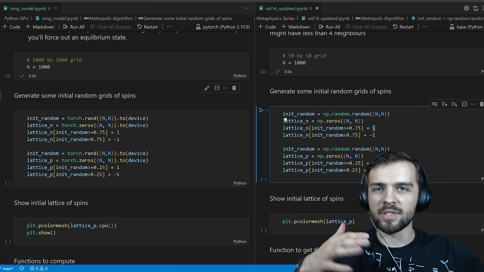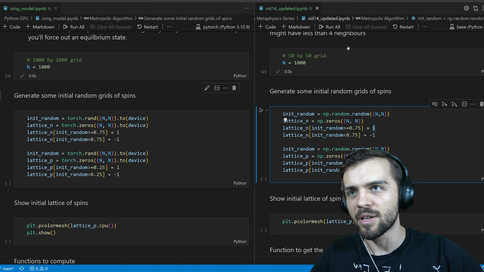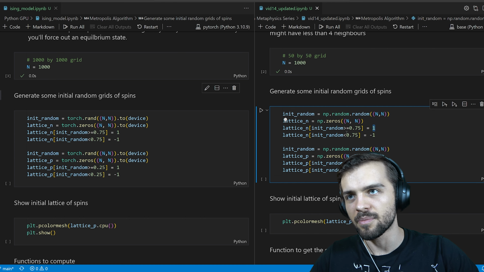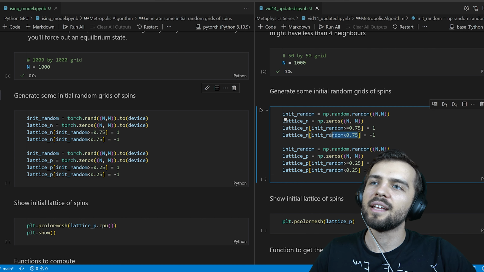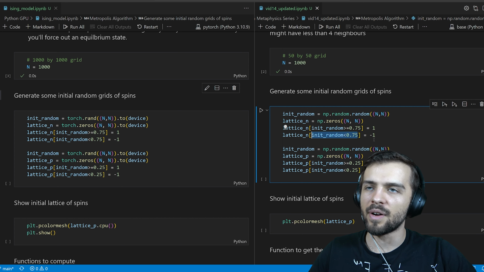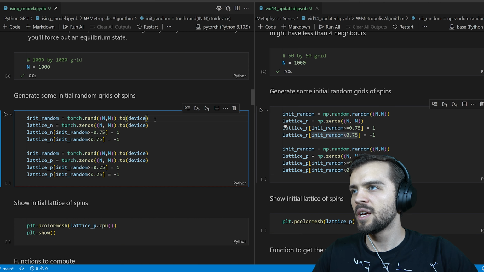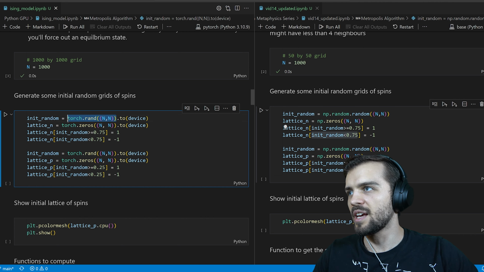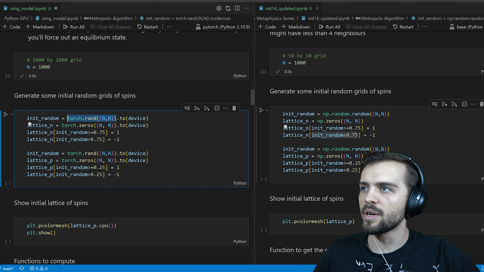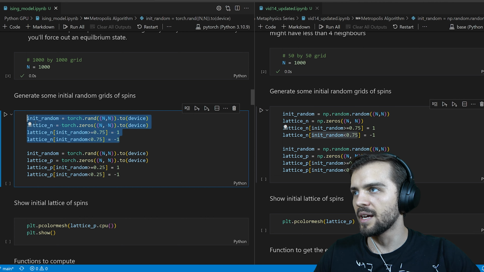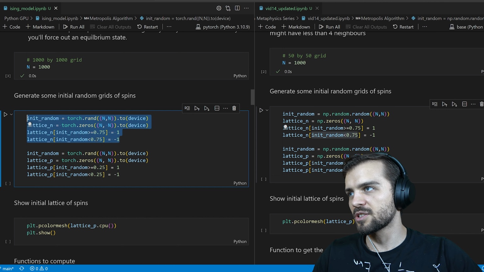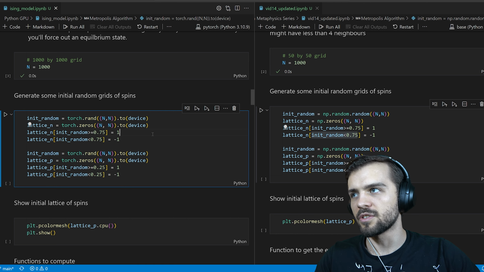Only 25% of random points on that 2D grid are going to be greater than 0.75 because it's a uniform random number. And then the same thing, less than 0.75 is equal to -1. I do basically the same code here with torch. This creates an n by n grid of points, and then I can create my lattices that consist of initial negative or initial positive points.